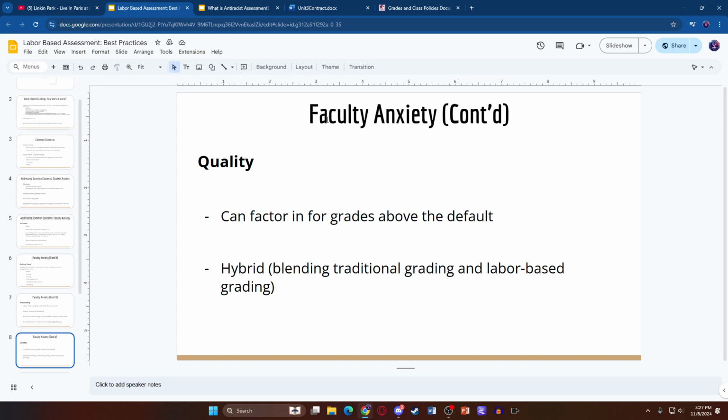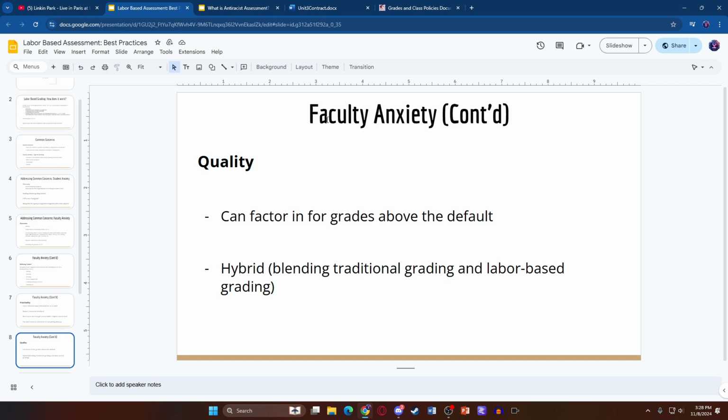You're all astute readers. You all know when something's been slapped together and when something was done thoughtfully, right? And so when I see outstanding effort, I recognize it. And those are the papers that tend to go above that default, right? So quality is not something that you have to leave out of your assessment in a labor-based system, as Dr. Daniel pointed out.